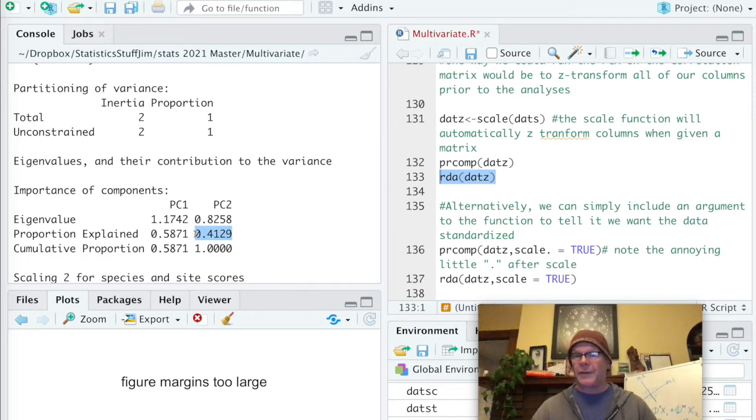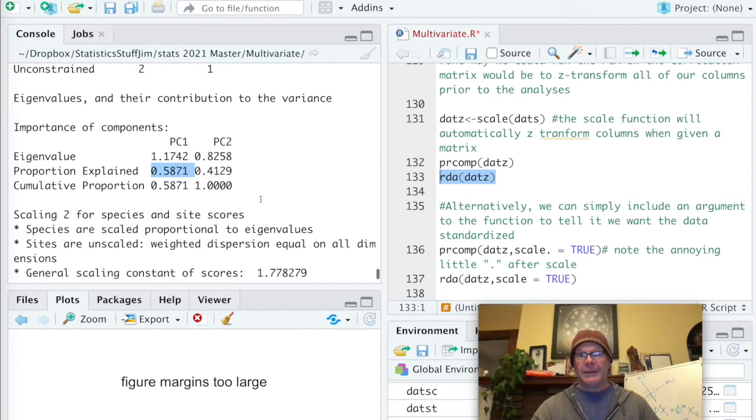When we did it on the covariance, it was 72% on the first axis and 28% on the second axis. But again, we knew that that was sensitive to the scale at which things were measured. Here, everybody's on the same playing field. We're doing it on the correlation matrix, and that's what we get, okay?